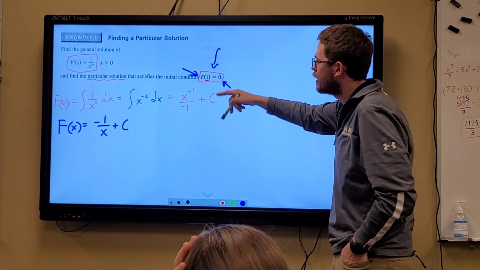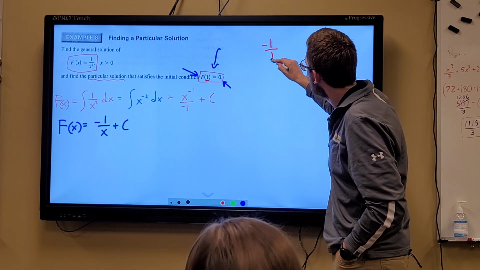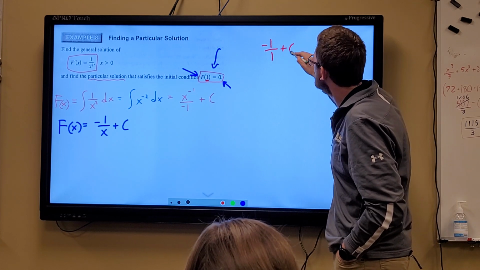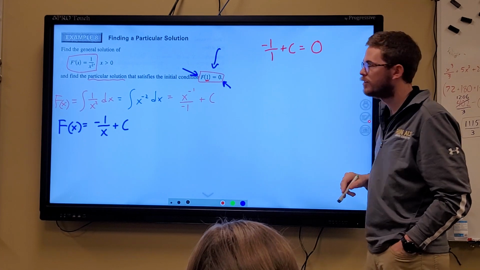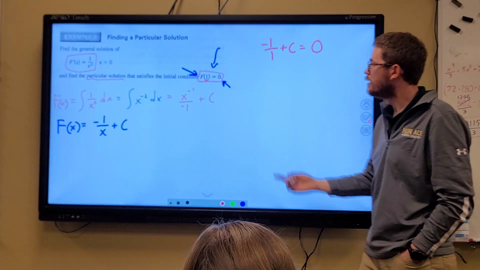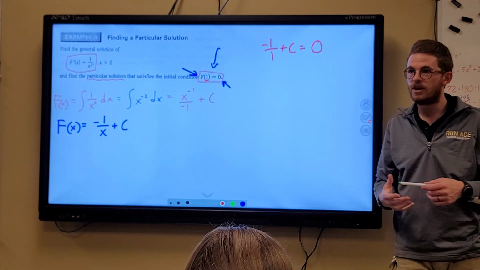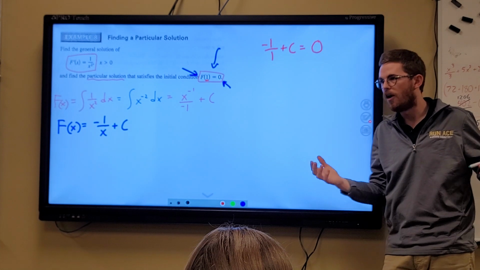So I'm putting in a 1 for x, that's negative 1 over 1 plus C, and we know when we plug in a 1 for x, this is supposed to equal 0. This is our initial condition, which is just a fancy way of saying a point on the curve.